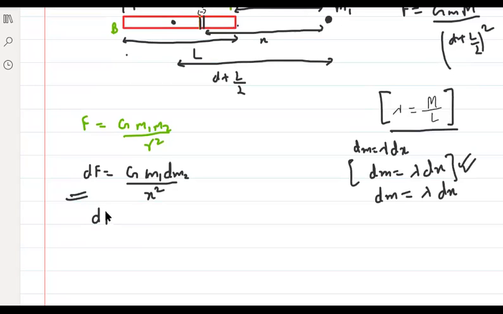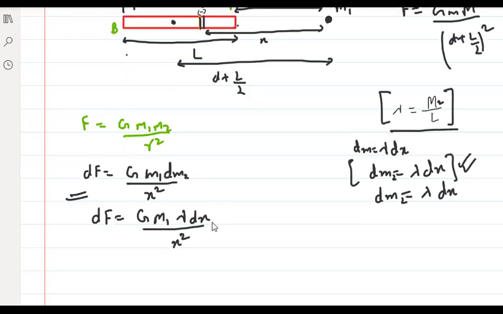So it will be G M1. Now dM2 can be written as lambda dx by x square. Now I can integrate, because I need this variable now. The mass is changing as the length is changing, so the variable here is length.